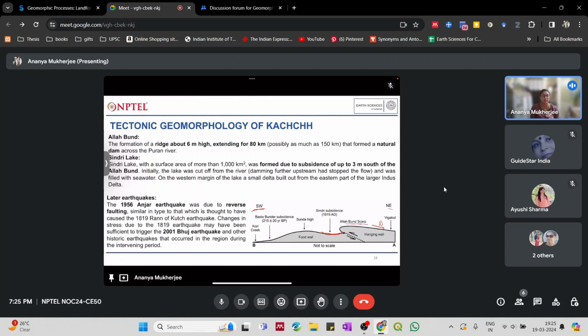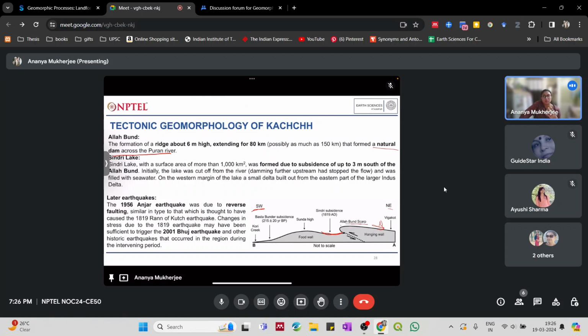So this is an effect of the tectonic geomorphology that we had studied. As we already saw, the natural dam formed across the Puran river, and this stopped the flow from the upstream to the downstream area.